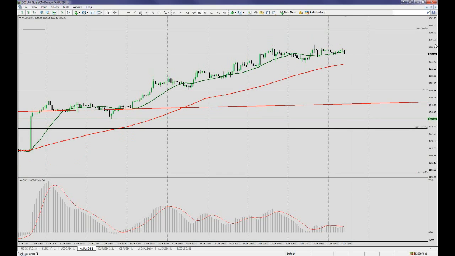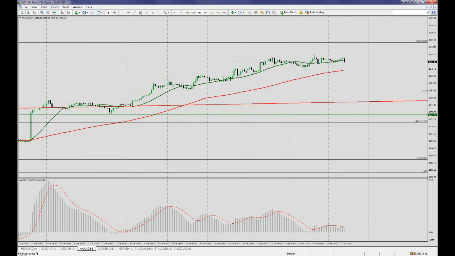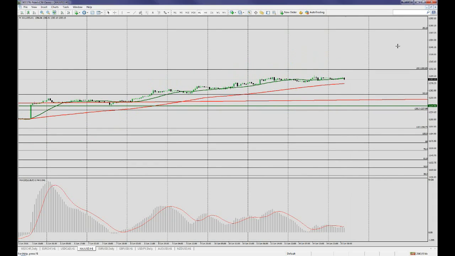Your target for it should be initially at 1300 level, but I am more than that aiming for 1341 level for gold. I'm convinced that 1341 level is going to be the most important bullish target for gold.